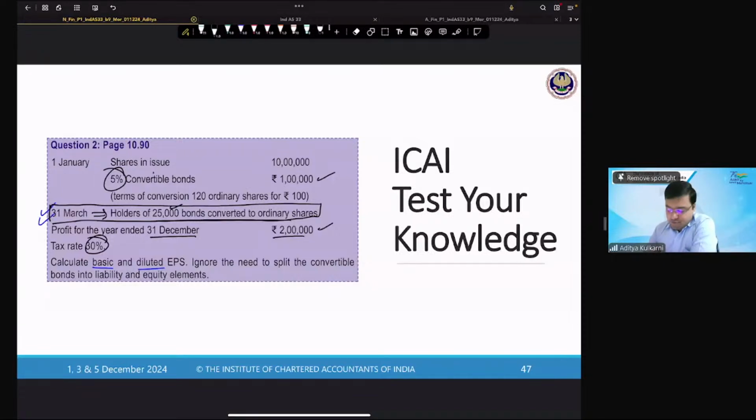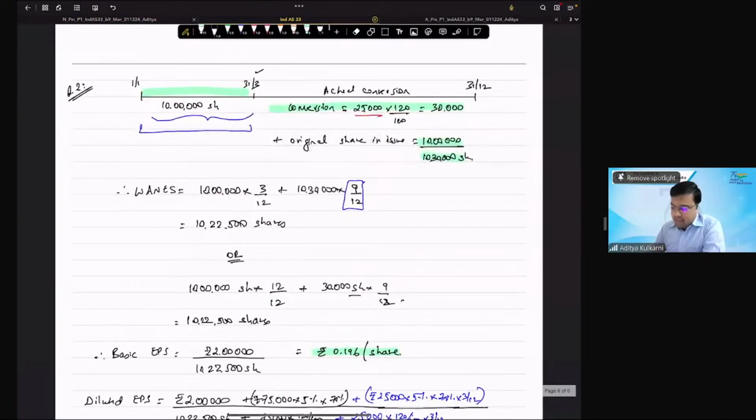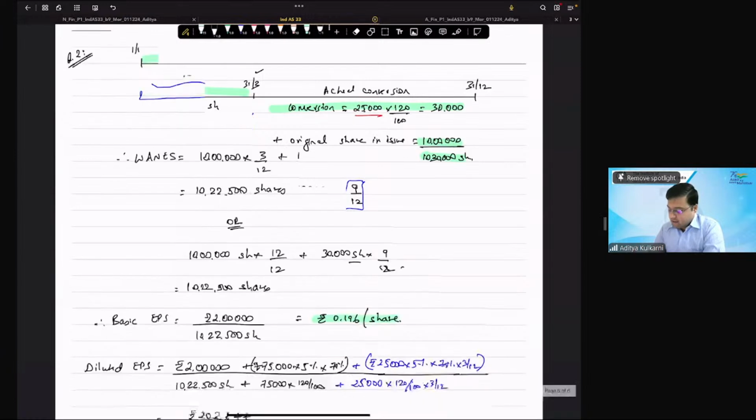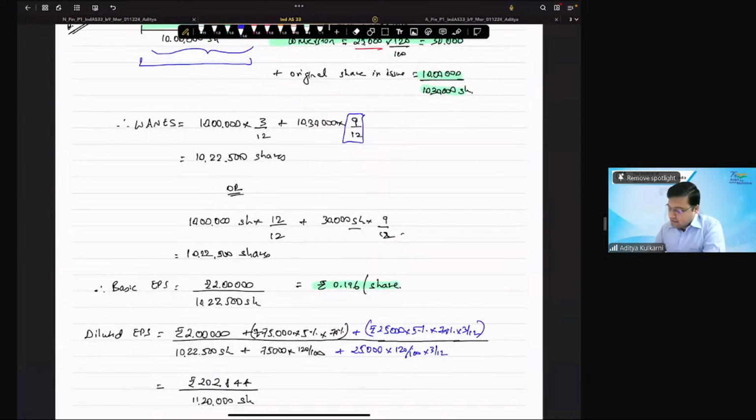Well, it depends. Normally, when holders of 25,000 bonds convert to ordinary shares, the date will be given. If it is not given, you can take that they were converted right at the beginning of the year, in which case 25,000 will be there in your capital structure right from 1st January. So you will take 10 lakh plus 30,000 there for the entire year, and the additions in this dilution that we did will not come.